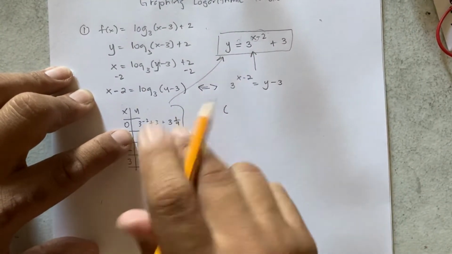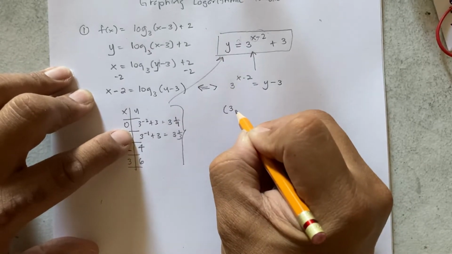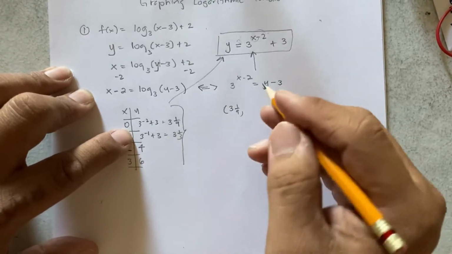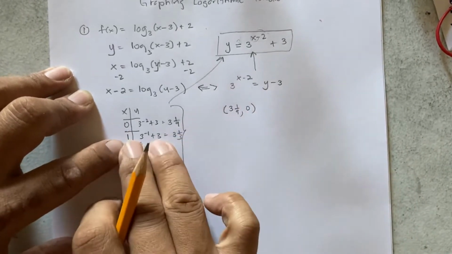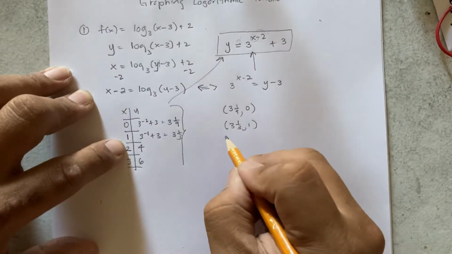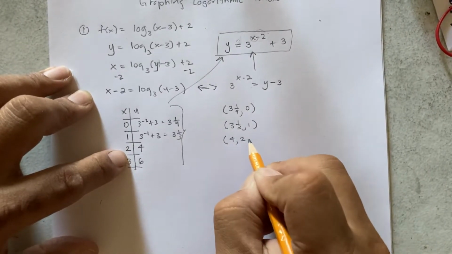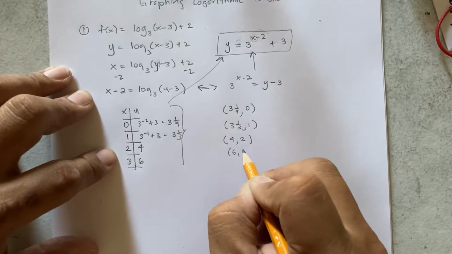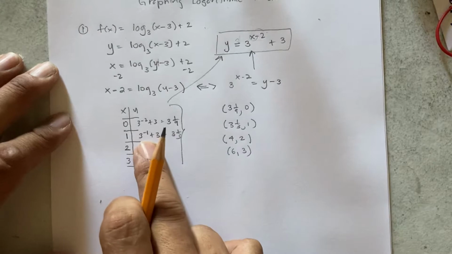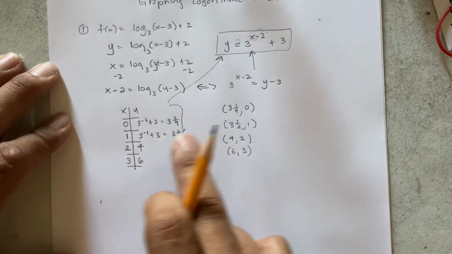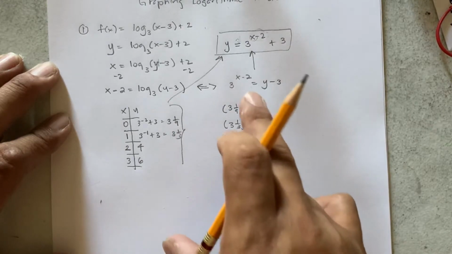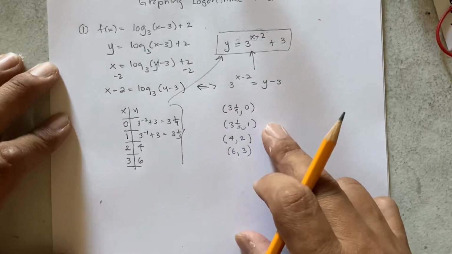So I'm going to interchange x and y here. 3 and 1/9, comma 0. 3 and 1/3, comma 1. 4, comma 2. 6, comma 3. So what I did is I interchanged the points for the exponential function to get the logarithmic function. Okay, so once I did that, I have your points for the logarithmic function.